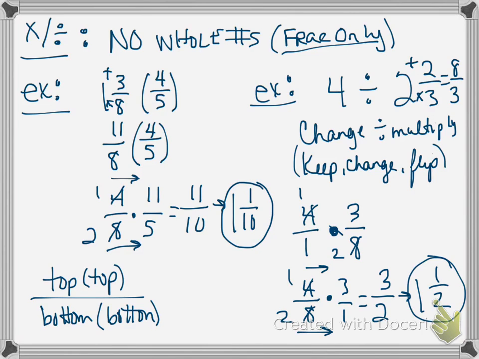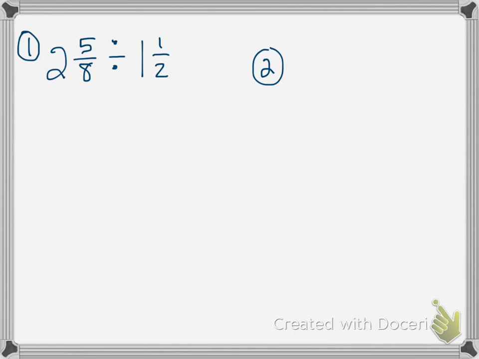What I would like you to do for me is I want you to do a couple of practice problems, and we will look at those when you come in tomorrow. So I want you to do 2 5/8 divided by 1 1/2. I would like you to do 5/7 plus, and I'm writing this horizontally.